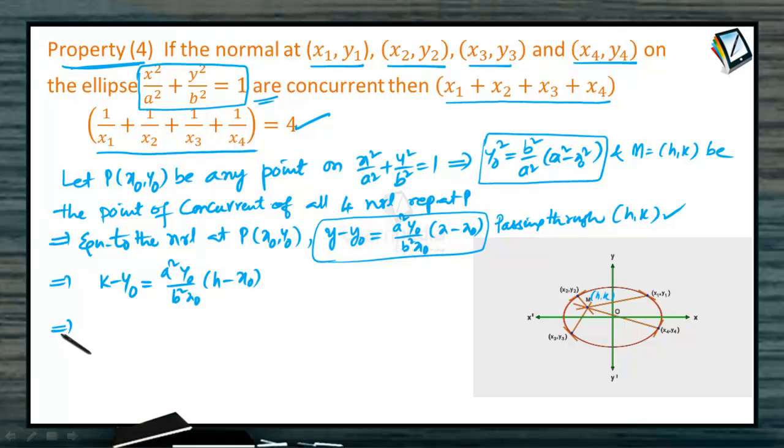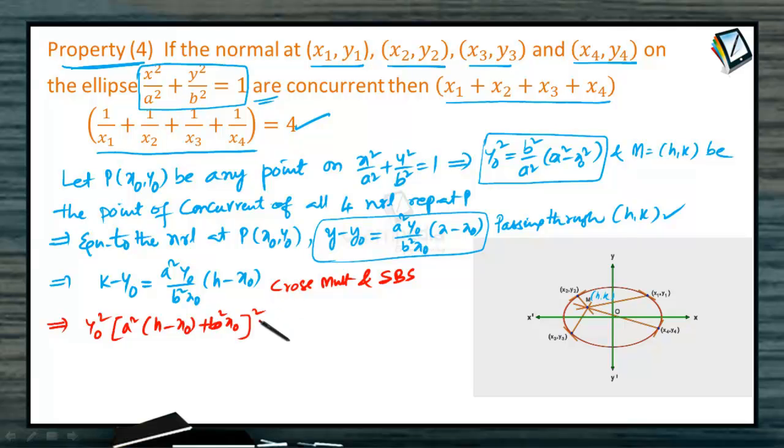If I cross multiply and square on both sides, I'll get an equation in this form: y naught square into (a square into (h minus x naught) plus b square x naught) whole square is equal to k square into b to the power of 4 into x naught square.